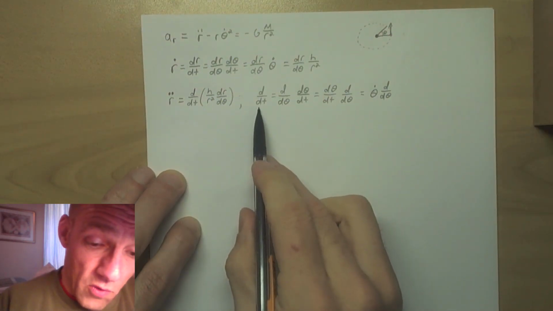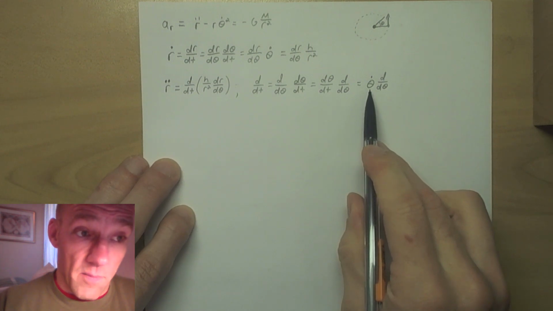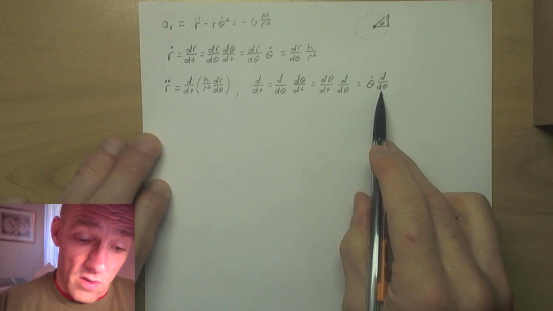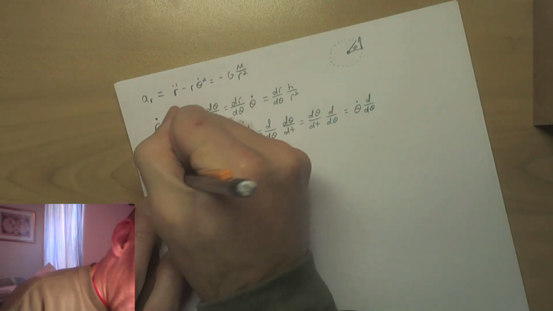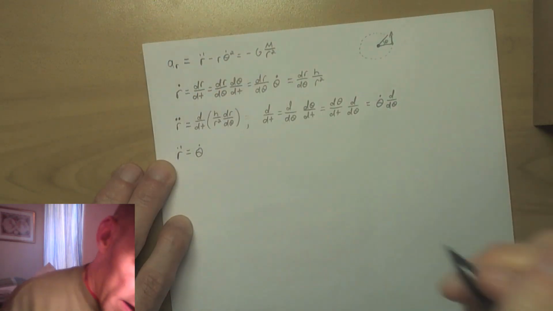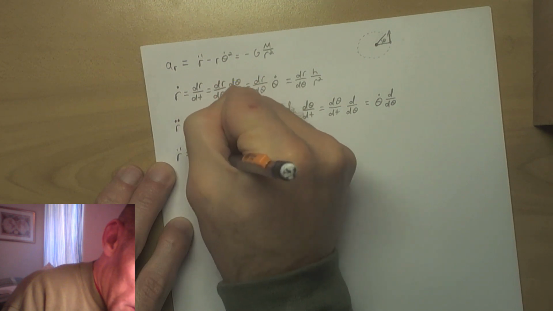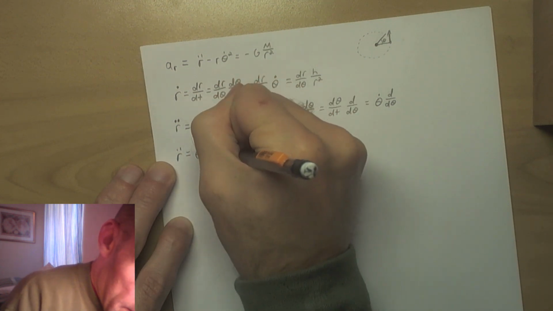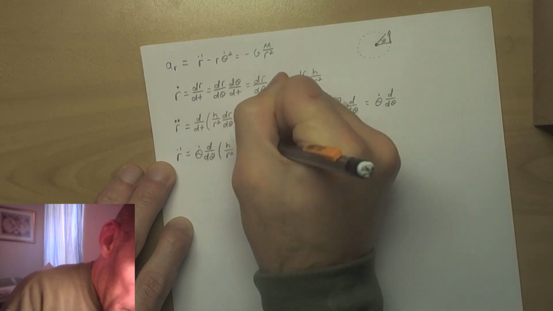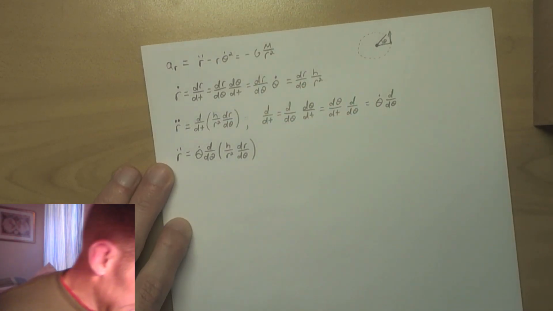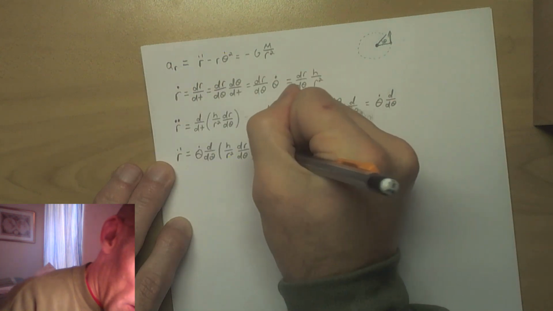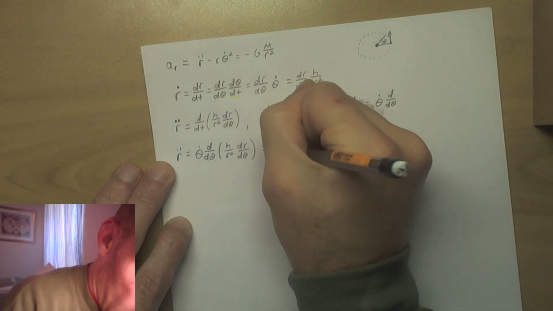So differentiation with respect to time is the same as theta dot, and then differentiating with respect to theta. So then r double dot is theta dot d theta, but then we already established that theta dot is the same as h over r squared.